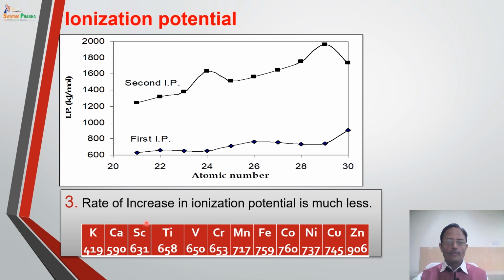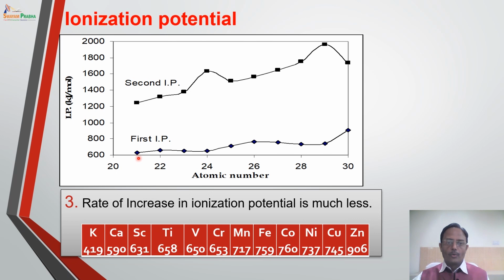When you go from scandium to titanium, the increase is just 27 kilojoule per mole. It means that there is only a small increase in ionization potential from scandium to titanium. From titanium to vanadium, slight decrease, you can say almost constant. From vanadium to chromium, again almost constant.